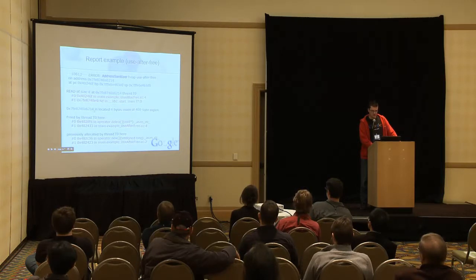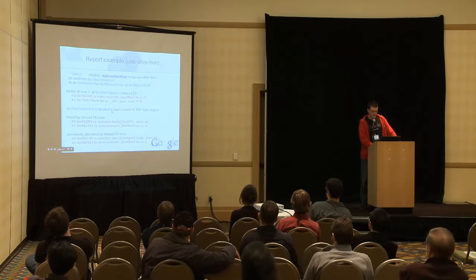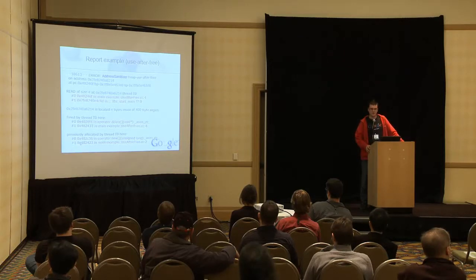Then it gives you a position inside the allocated or deallocated region. This time it was inside a 400 byte region, and it also gives the offset. And then it gives the stack trace where the memory was deallocated and also the stack trace where the memory was allocated before that.